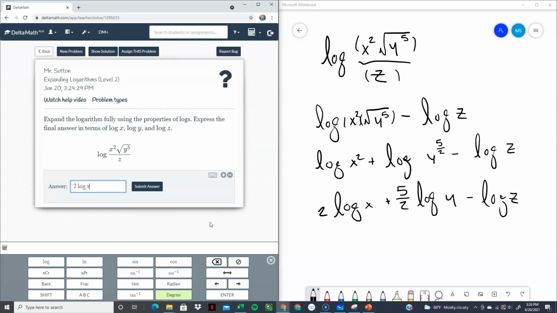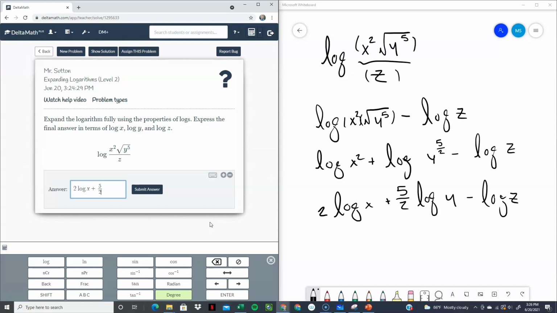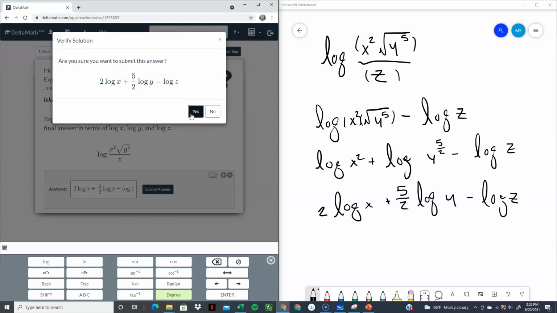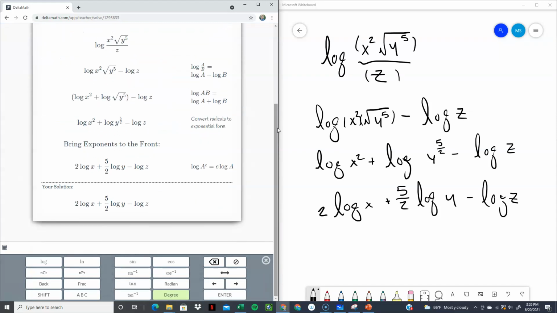Let me just type this, plus 5/2 log of y minus log of z. Yes, it will. So we'll let you just type it. You don't have to push the log button every time.